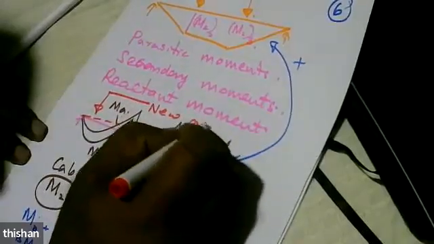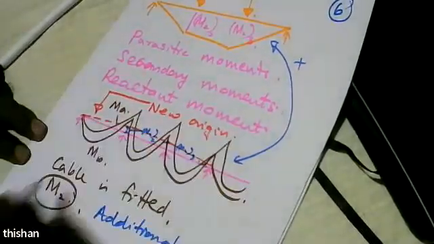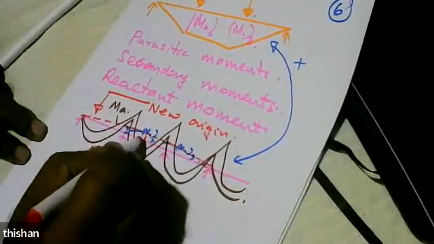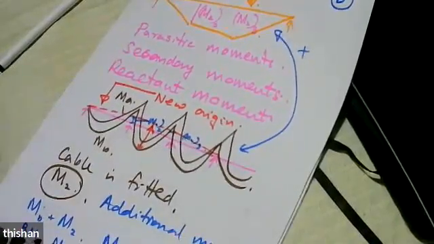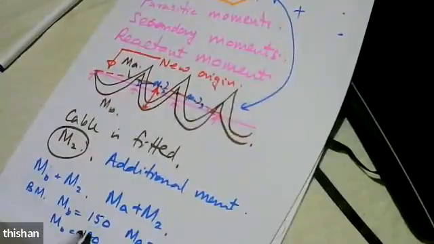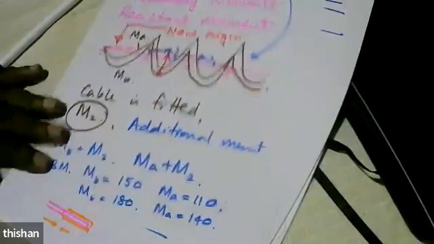New origin. So what happens? Now you can see, now we measure the bending moment from the new origin. So if it is earlier 150 and 110, now it's going to be 180 and 100.